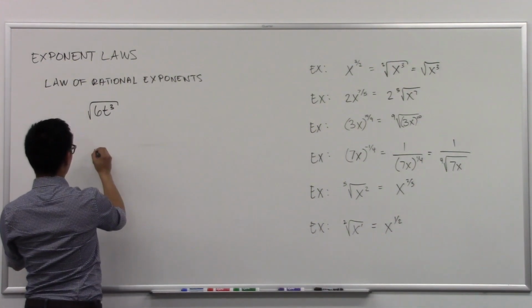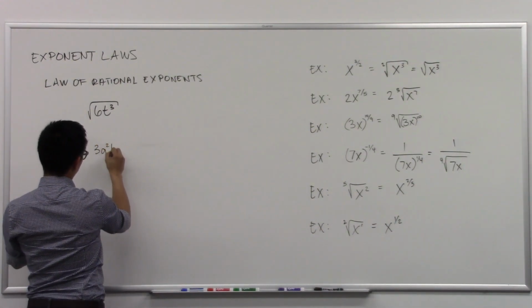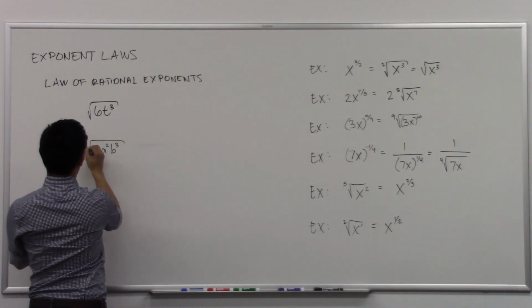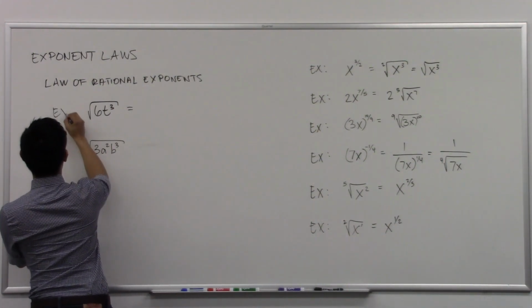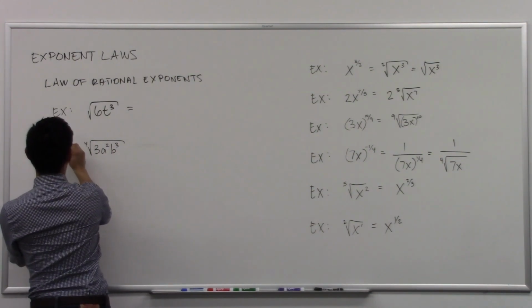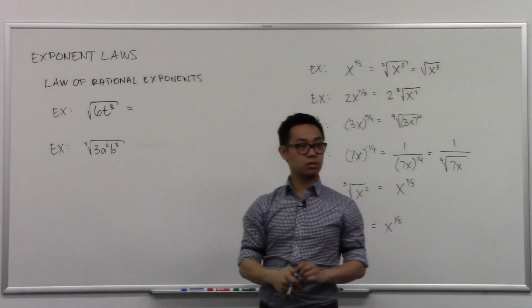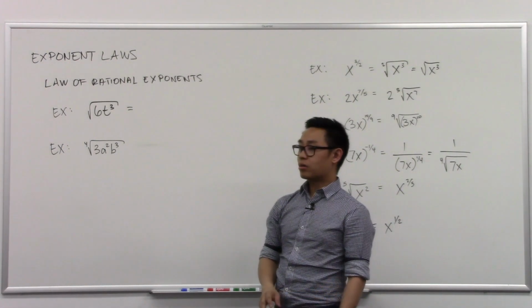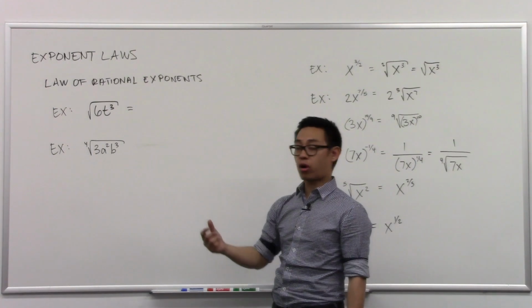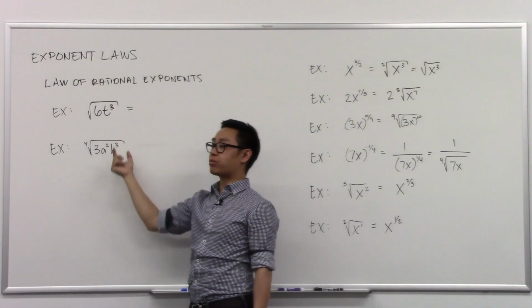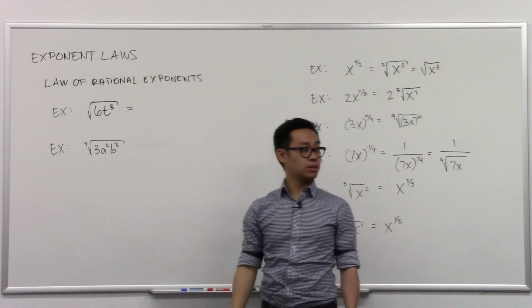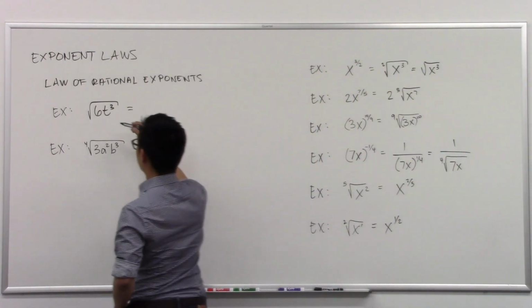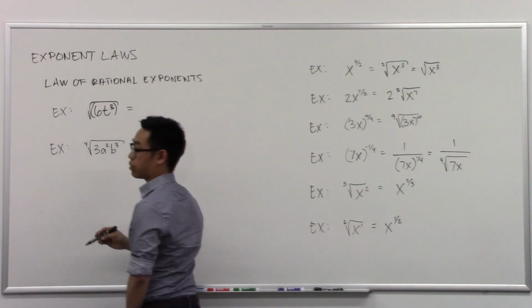Or something like 3a squared b cubed to the 4. When you have a more complicated expression underneath the root, like this, okay? When you have a more complicated expression, you need to put brackets around this for yourself.